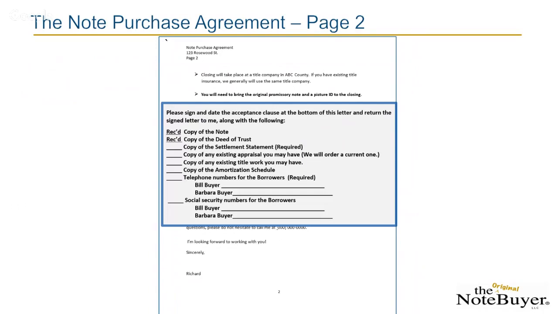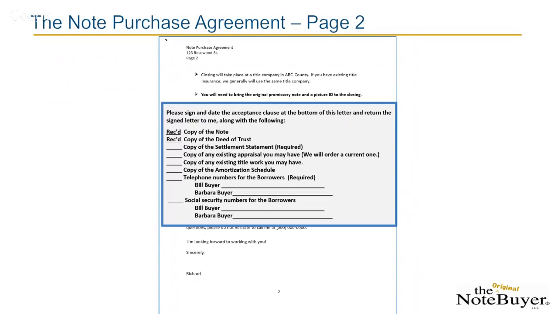I like to see if they have any existing appraisals. Although I am going to order a current one, it at least gives me a basis of what to expect. I'd like a copy of any existing title work that they have. If they have an amortization schedule, I would like a copy. That way I'm using the same thing that they are.